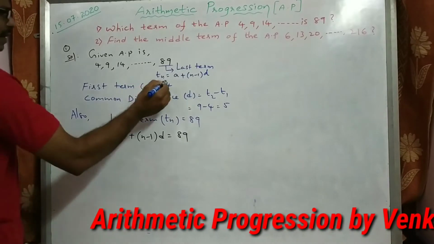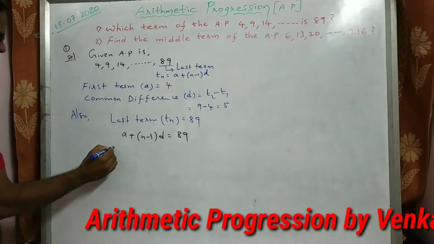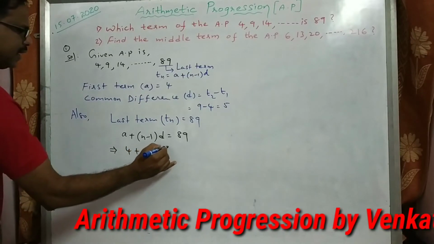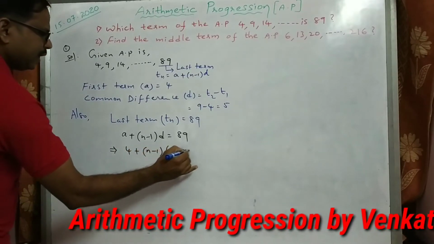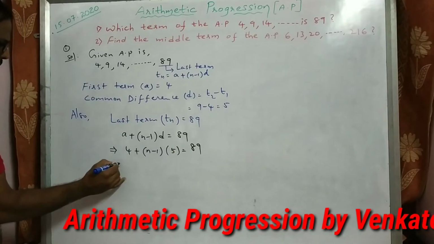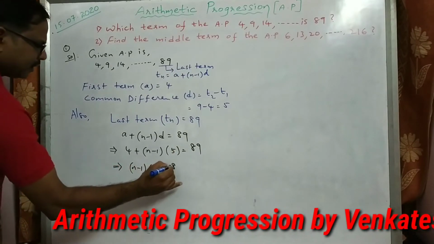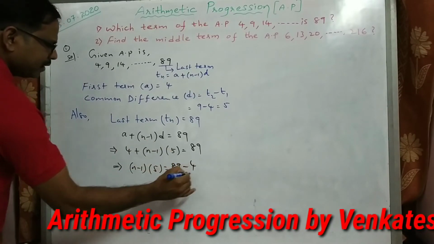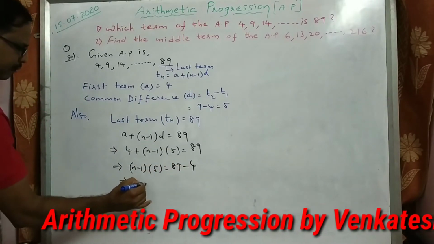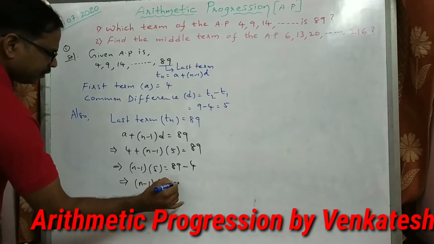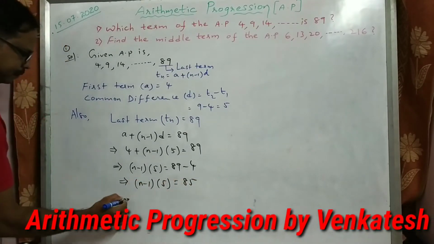Now substitute the values of A and D here. So what will you get? 4 plus n minus 1 into 5 equal to 89. So n minus 1 into 5 equal to 89 minus 4, so n minus 1 into 5 equal to 85.